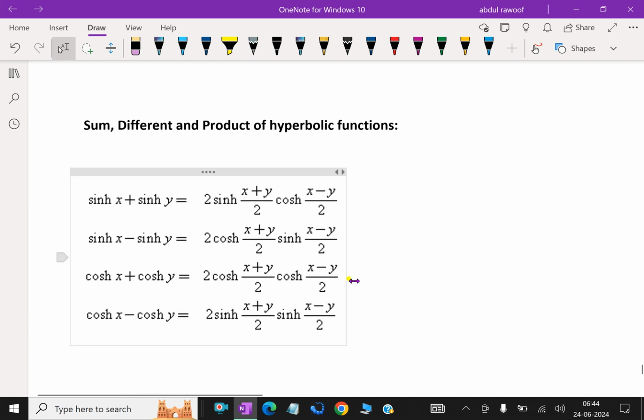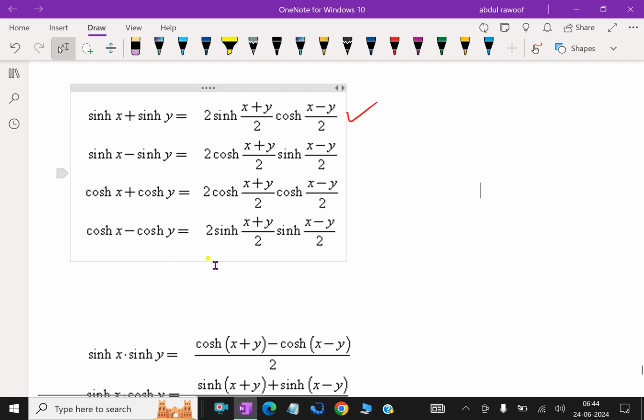Next is sum, difference and product of hyperbolic functions. Sinh x plus sinh y equals 2 sinh((x plus y)/2) cosh((x minus y)/2). And from this, sinh x minus sinh y is here. Now here cosh x plus cosh y, then cosh x minus cosh y is here. By using this, further we can find the multiples of the angles.